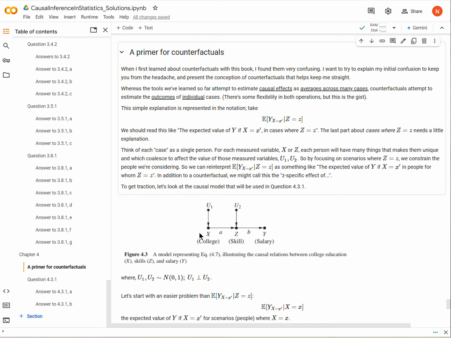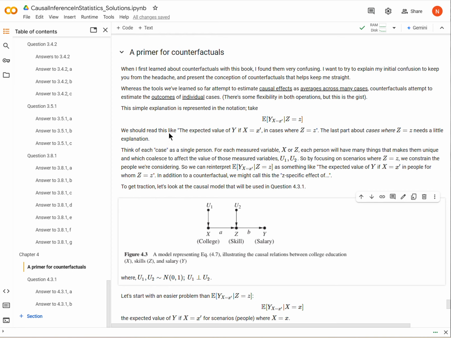Each of the measured variables, so say x, y, z: whatever some person's value for x is, there are going to be a lot of things about that person that give them that particular value. All of those unmeasured things that percolate to give them their x value get represented in u1 in this case, and for z it'd be u2, and for y it would be u3, although that's not shown here.